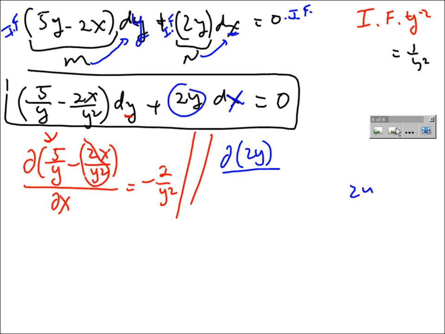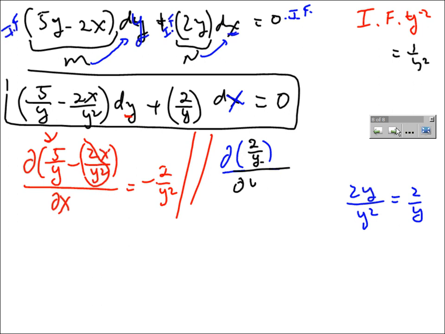Okay, now, when you had 2y and you divided it by y squared, you got 2 over y. Somehow I did not write that. Sorry. 2 over y dx. So the partial of 2 over y with respect to y, that's negative 2 over y squared. Make sure you can get that.